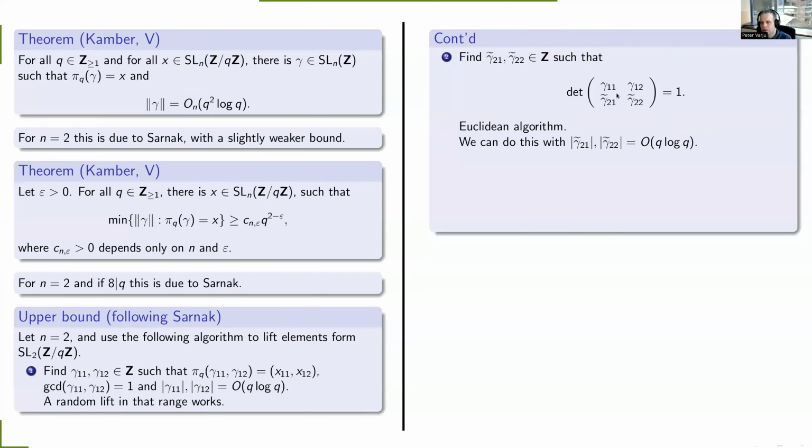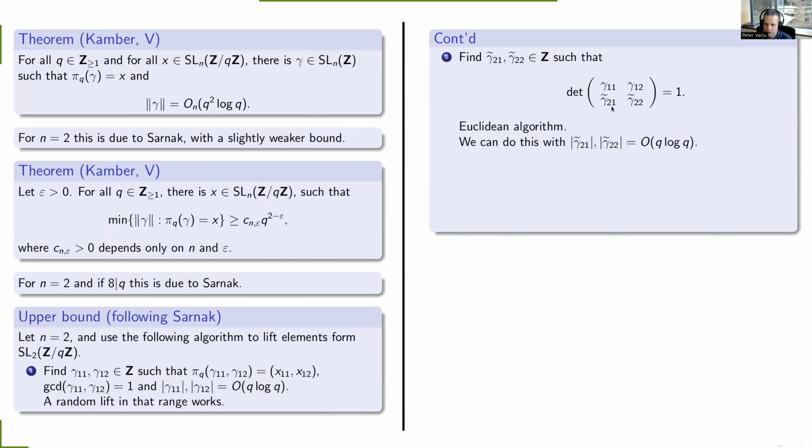Now you want to find the second row, and this is going to be done in two steps. In the first step, you just try to complete your matrix to any matrix with integer entries which has determinant 1. And in this step, you don't pay attention to what the residues are modulo q.